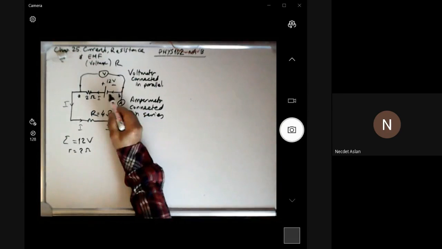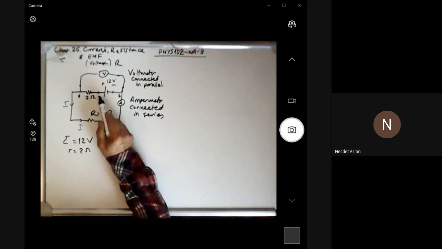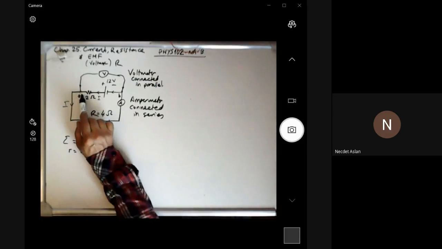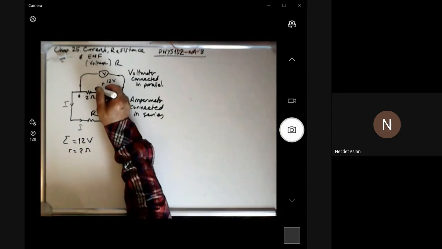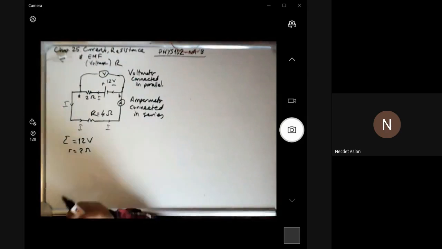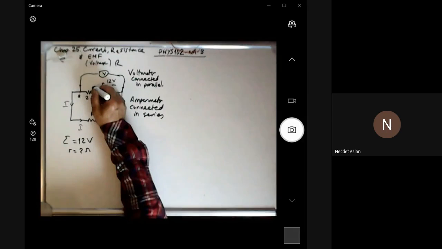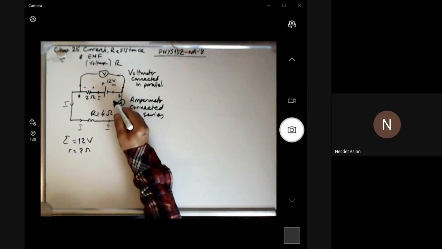Now, how much voltage do we measure? As you see, between A and B, I have two kinds of voltages. One voltage, 12 volts. The other voltage is created across this small resistance. If the current is passing through there, it must be plus and minus, right? So in this case, the potential difference will be smaller.